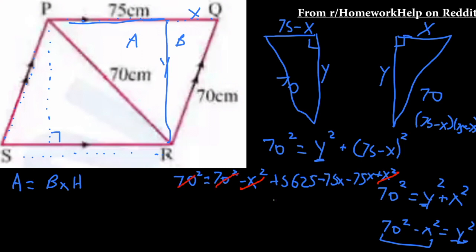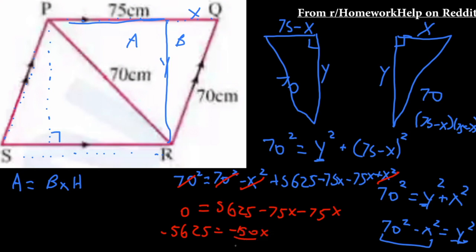So now what you have left over is 5,625 minus 75x minus 75x, and on this side you have 0. Here you can simplify further. It doesn't matter which one you bring across, but let's bring across 5,625, so it's negative. Negative 75x minus 75x gives you negative 150x.